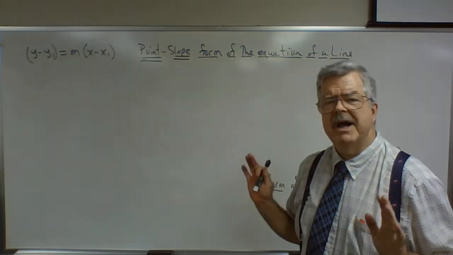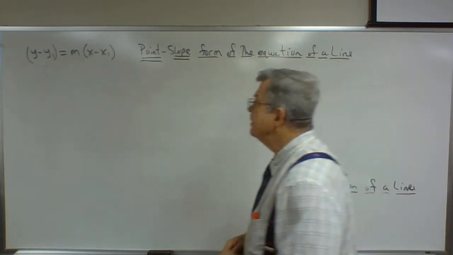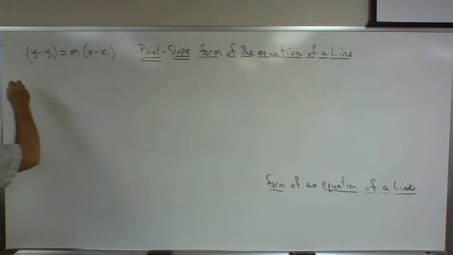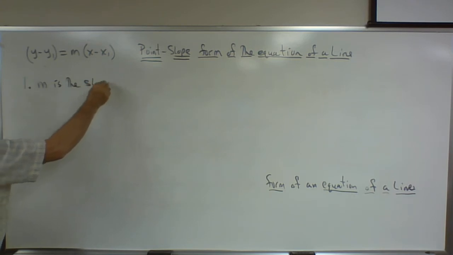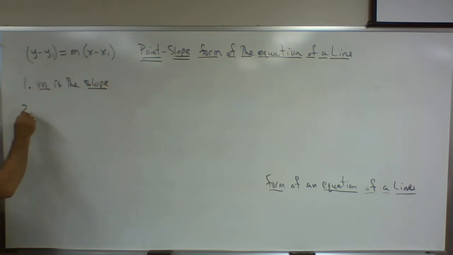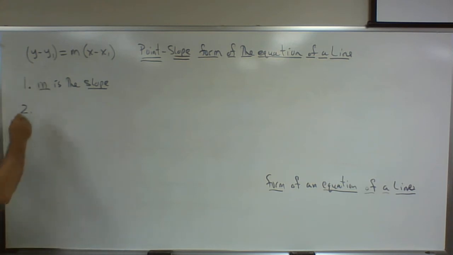Now let's remind ourselves who the main characters are here. m is the slope. And what about this x sub 1 and this y sub 1?